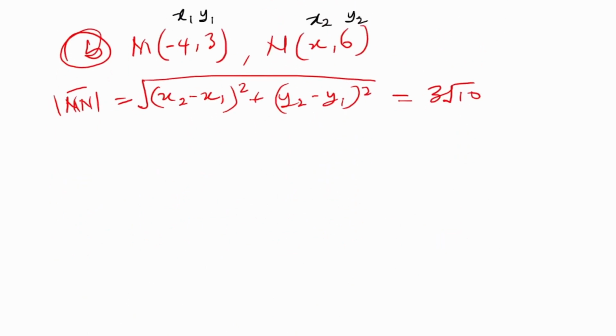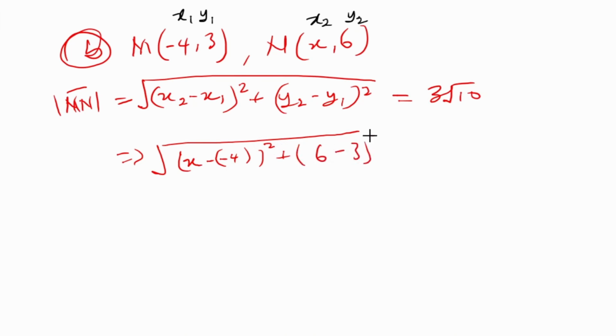So substituting the values, we're going to have the square root of x2, which is x, minus x1, which is -4, all squared, plus y2, which is 6, minus y1, which is 3, all squared, equal to 3√10.